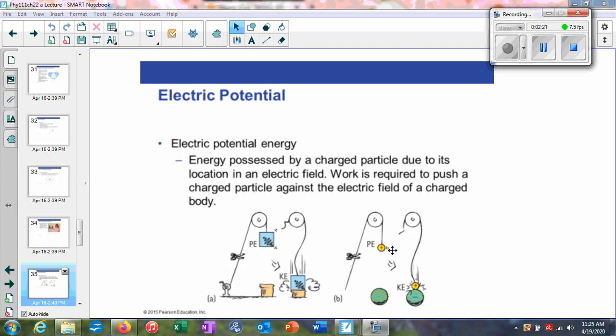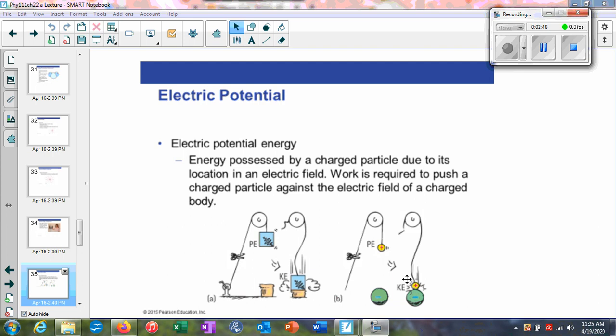I release the thing that's holding it and it obeys the laws of physics and it moves. You know that as it moves, it's losing potential energy. The further it is away from this thing, the more distance it wants to be able to cover to get next to it, right? So as it accelerates toward this charged body, it's losing that potential energy and it's trading it for kinetic energy.